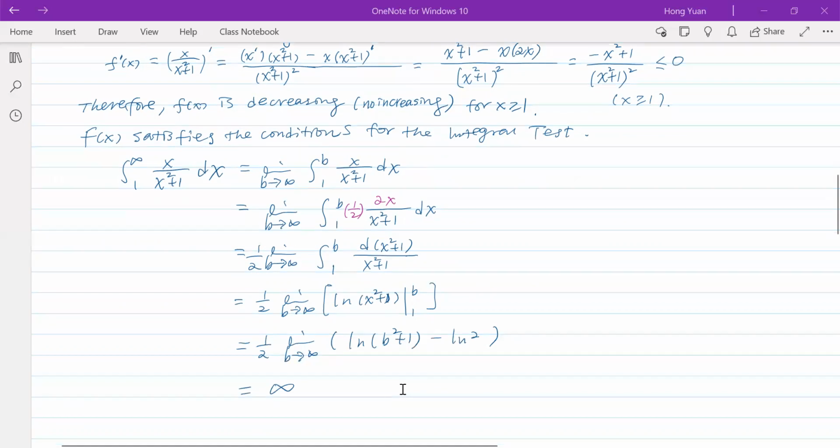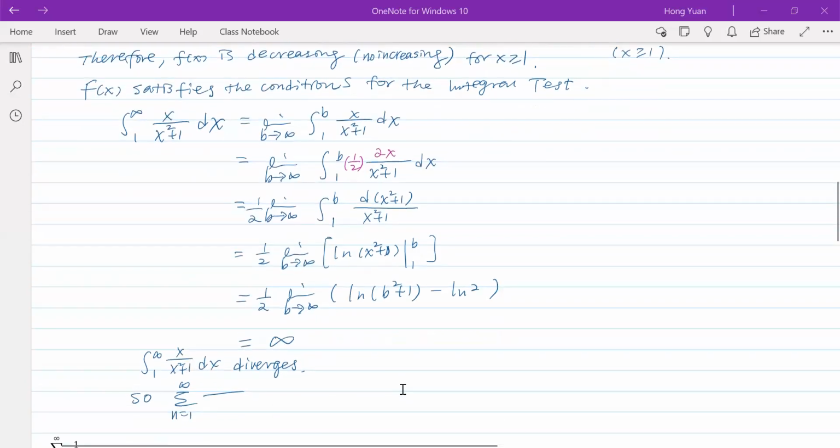So therefore, it diverges. So the series n divided by n squared plus 1 diverges.